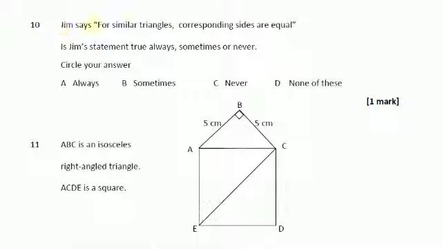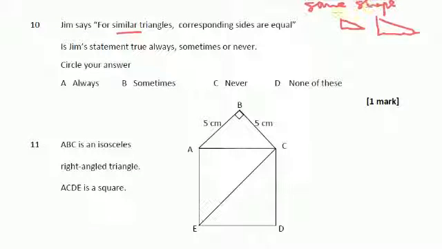Question 10. Jim says for similar triangles, corresponding sides are equal. Is Jim's statement true always, sometimes, or never? And circle your answer. So similar triangles, that means triangles which are the same shape or same angles they have. So for example, I could have this triangle is the same shape as this bigger triangle because the corresponding angles are equal.